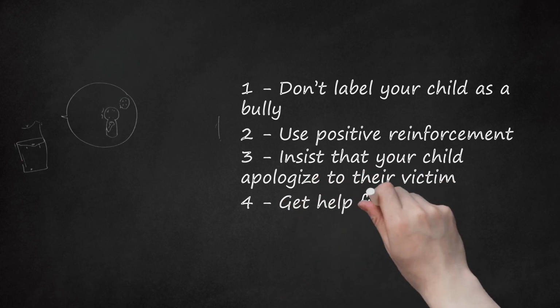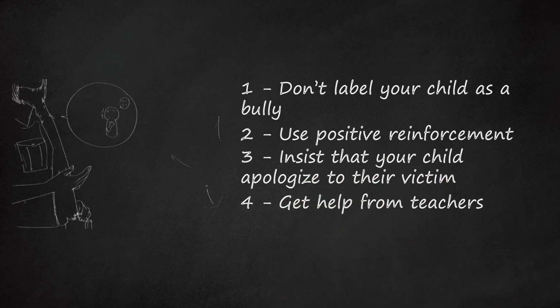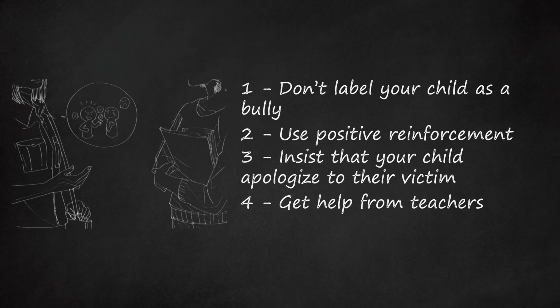4. Get help from teachers. Much bullying takes place inside the classroom or halls of school. Talk to your child's teachers and school administrators regularly for information about how your child behaves at school. Use this information to stay informed about your child's behavior and track their progress.